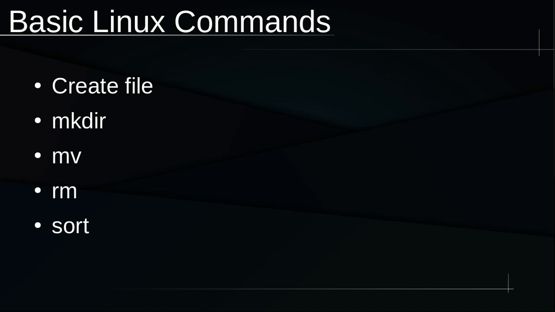At the same time we will also show how we can cut and paste files and folders from one directory to another directory. Also we will be talking about how we can delete a file in Linux. Then lastly we will talk about how we can use the sort command to sort the contents of a file based on a certain column.